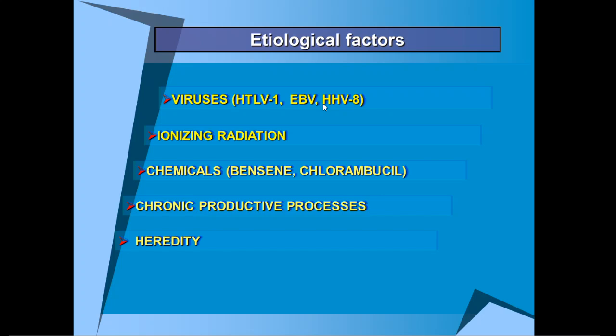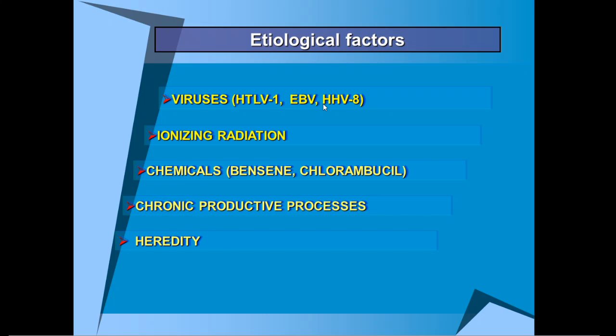Next one, the classical cause, ionizing radiation, and about this cause, there are already some questions in your MCQ test. So one of the main causes of hemoblastosis is ionizing radiation.